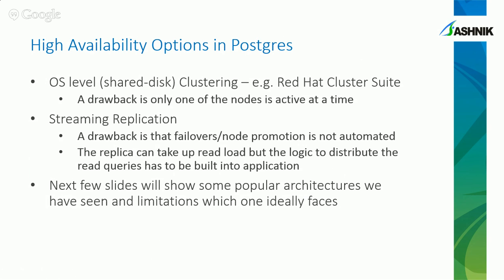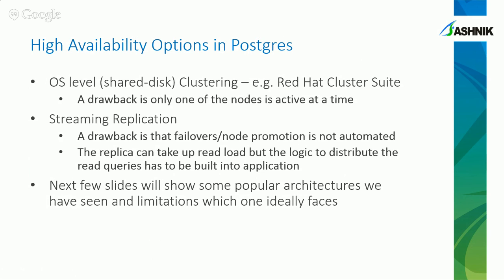The only disadvantage of shared disk cluster in Postgres is there is only one node which is active at a time, which means that you are using only 50% of your capacity. Though it is pretty good for high availability, it does not do any kind of load sharing. It doesn't load balance your read or write queries. At a time, you're only using 50% of your hardware.